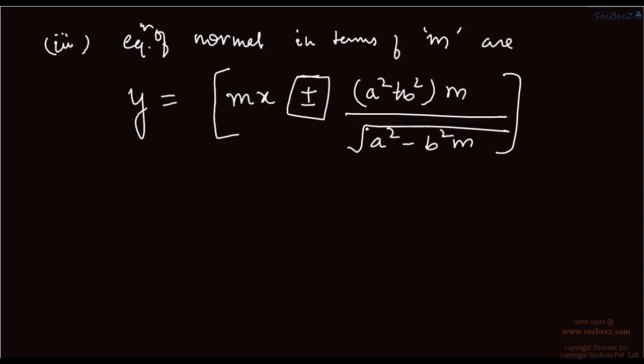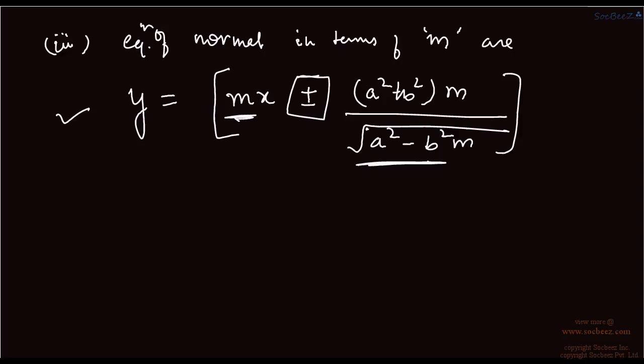This is used frequently in the questions because sometimes the slope of the normal is given to you and you're asked for the equation. A and b will be given to you, so just put the values of a and b in the equation and you'll get the answer.